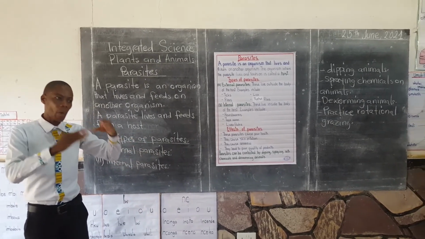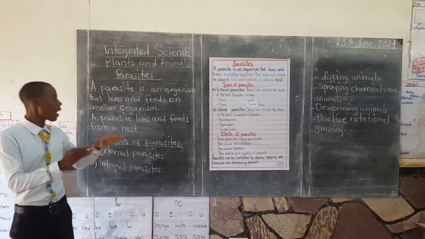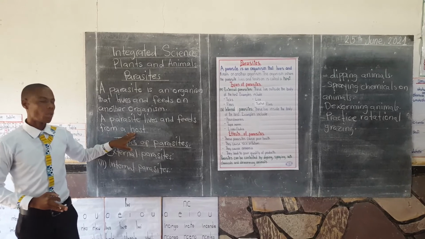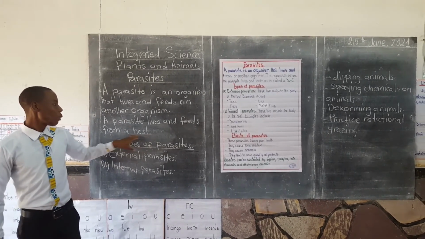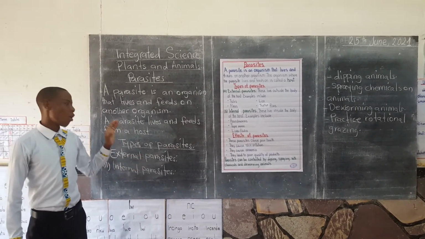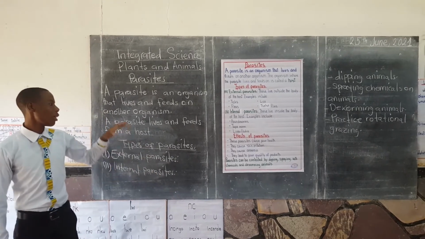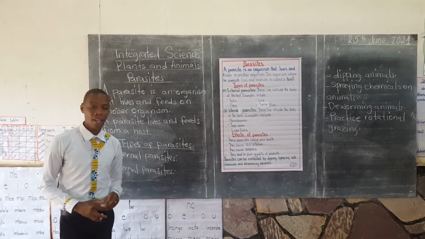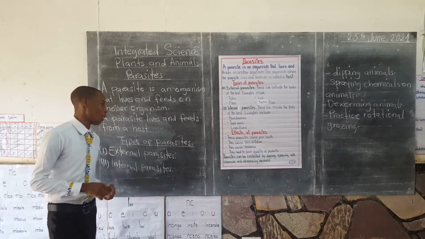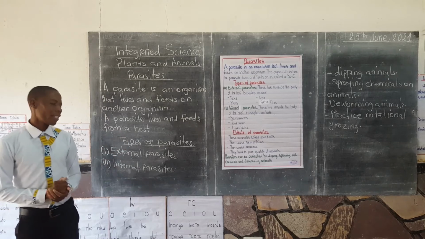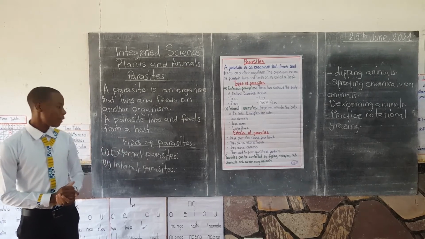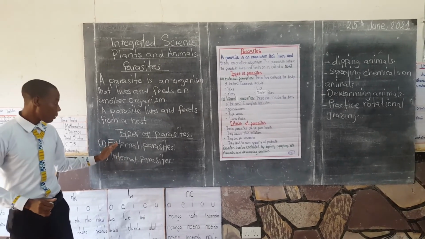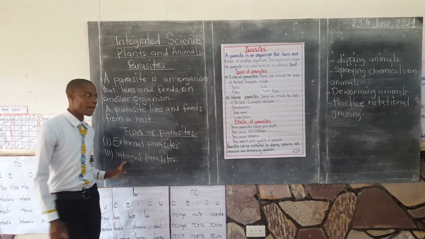So, moving forward, we will be using more of the word host. Once we say host, you have to know that is where a parasite does what? Feeds and lives on. There are different types of parasites like we have discovered: external parasites and internal parasites.